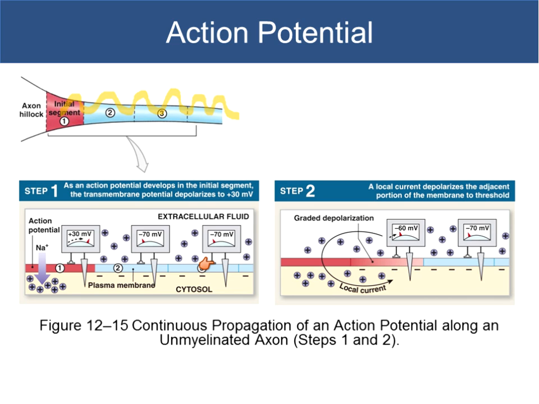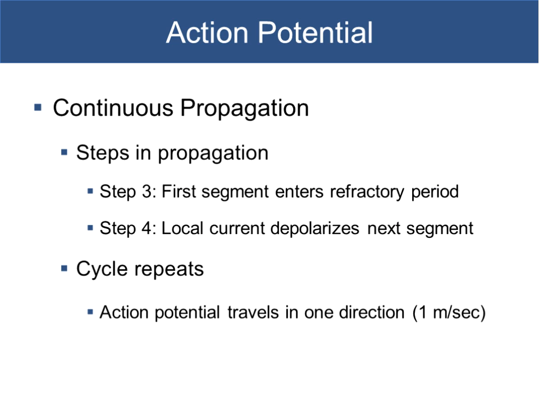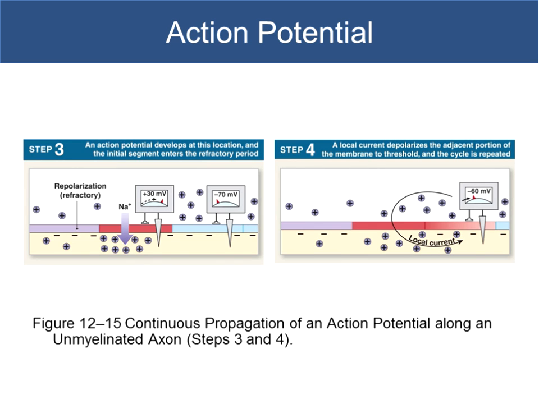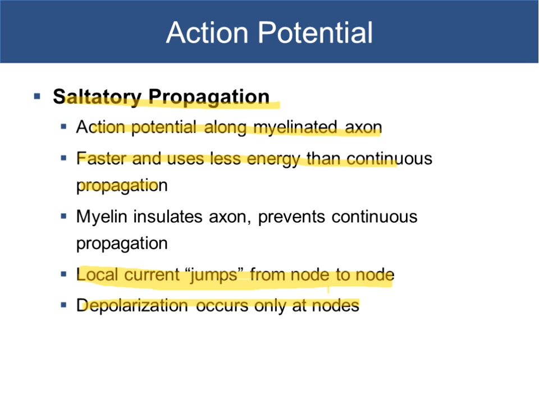It starts here and moves on this way, so every part of the axon has to be stimulated. The first segment reaches the refractory period, then the next segment is depolarized, and the cycle repeats itself until it gets to the end.